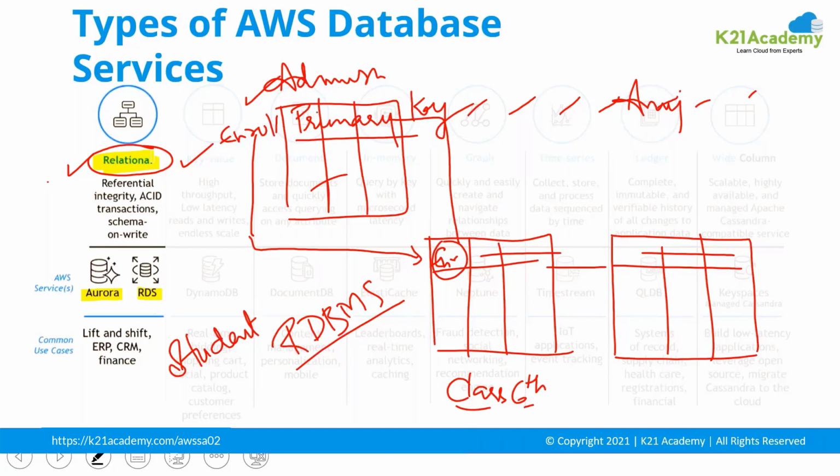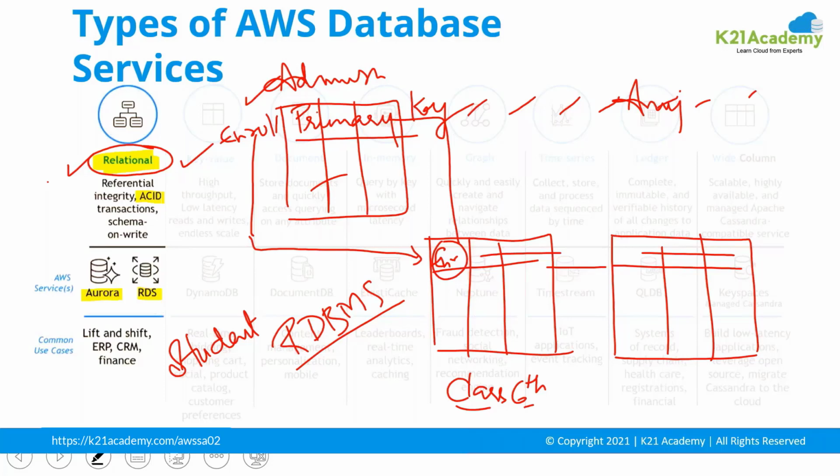Wherever you want to create a transaction which is ACID compliant, ACID is actually atomicity, consistency, isolation and durability. These are the features that you expect from the data being stored. You should be able to identify it uniquely. The data should be consistent.